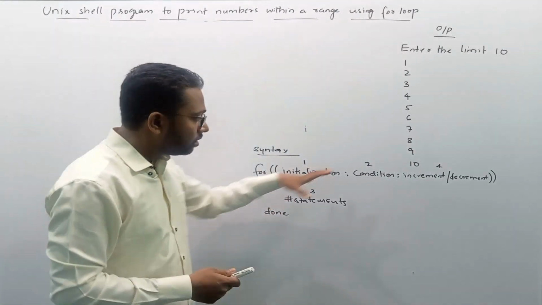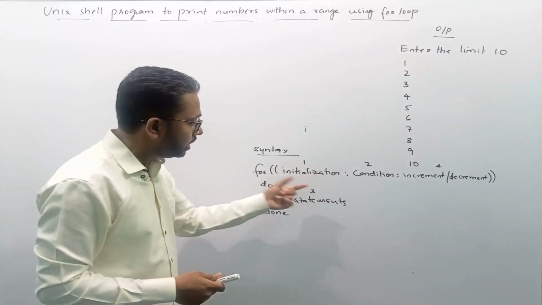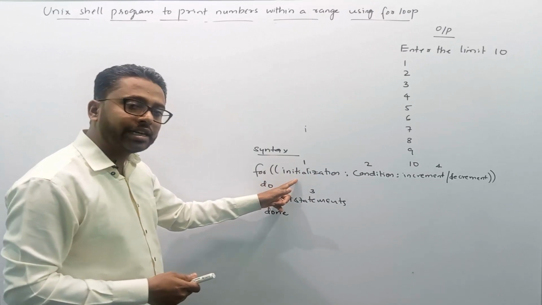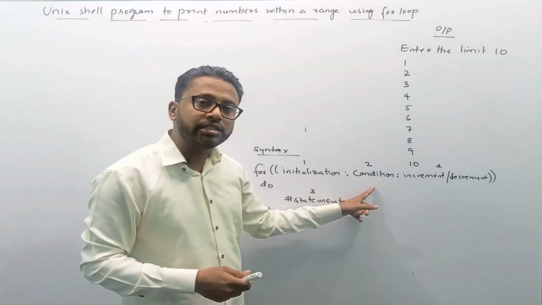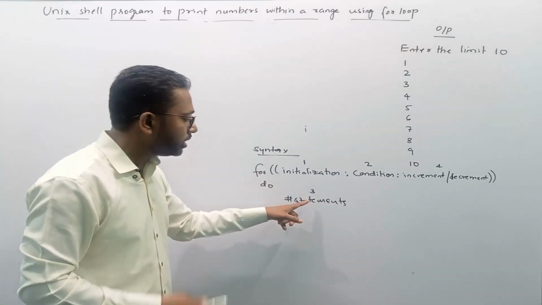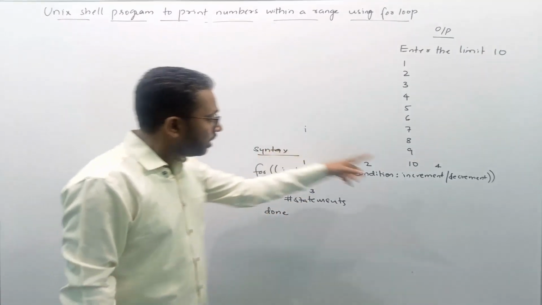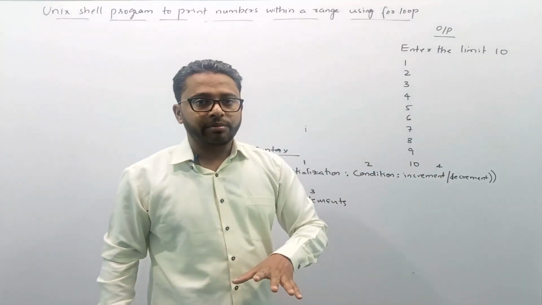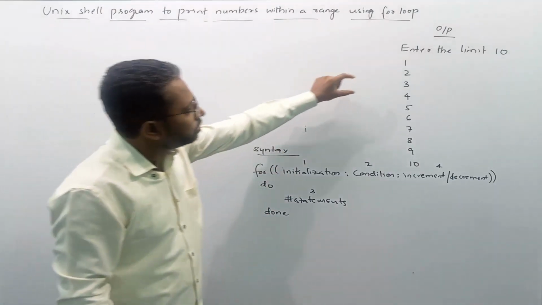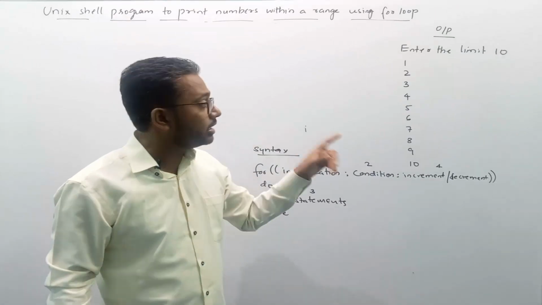So in this sequence each of these parts of the for loop gets executed. First initialization takes place, then the condition gets checked. If this condition becomes true, then control will come inside the for loop to execute these statements, then lastly increment or decrement. I will be using the same syntax to get this output.